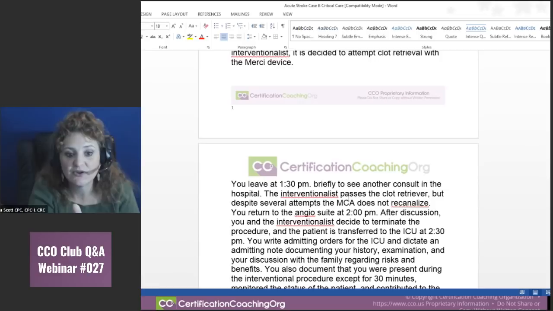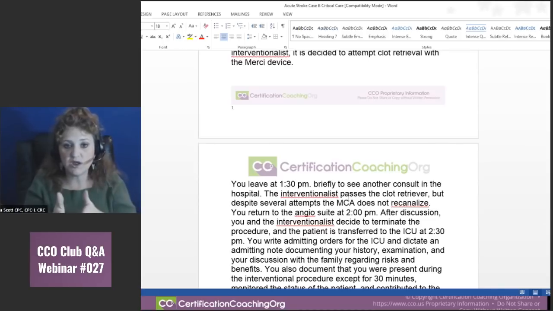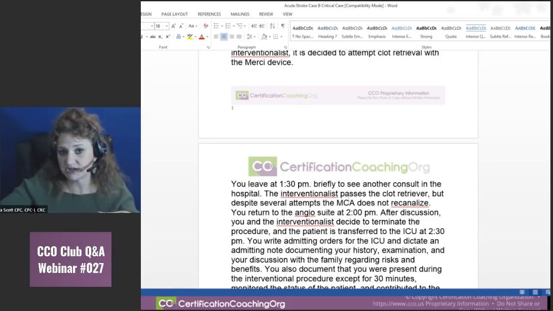What does that tell you? The time stops there, okay? From 1 to 1:30, you're in the suite with the patient, and even though somebody else is doing the work, you're there, okay? It's your patient. But if you leave to go see another patient, time stops. So stop it at 1:30.